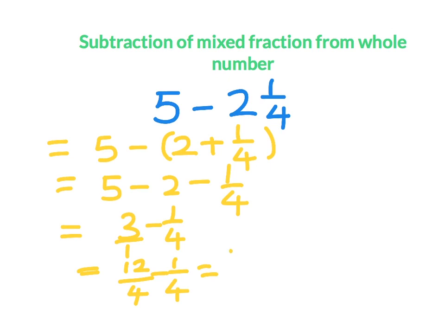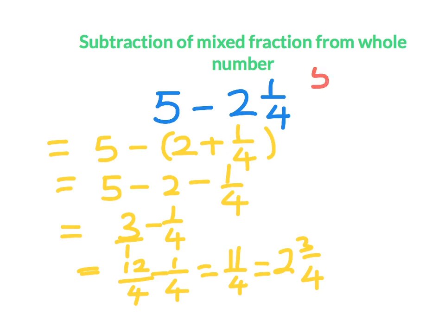So that's 11/4. Well, you can write this out as a mixed fraction. If you divide 11 by 4, 4 times 2 is 8. So that's 2, and then leaves a remainder of 3/4.